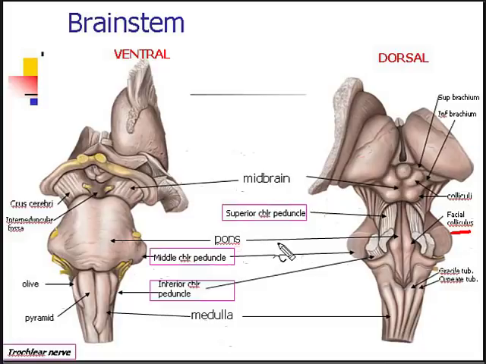Let's look at the medulla on the dorsal aspect. So on the dorsal aspect, when you look at the medulla, just like in front, again you have little projections, but now on the posterior aspect, these projections are on top. The medial one is called gracile tubercle, and the lateral one is called cuneate tubercle.